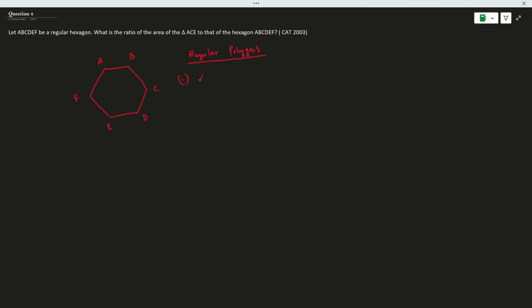First is all sides are equal. Second, all the interior angles are equal, which will automatically mean that the exterior angles are also equal.